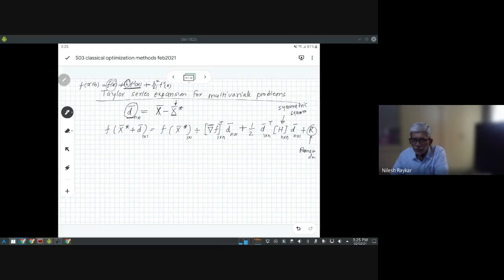Whether you differentiate a function first with x1 and then with x2, or first with x2 and then with x1, the terms remain the same. So you have the symmetry because of that. This is a symmetric matrix. That is not related to this, it just came to my mind, so I put it here.